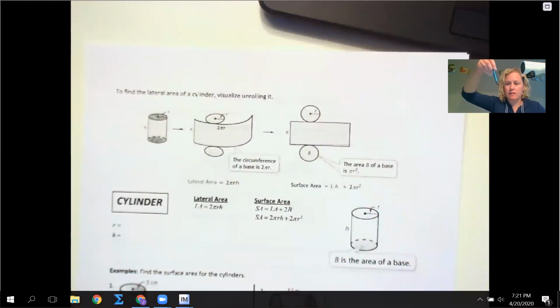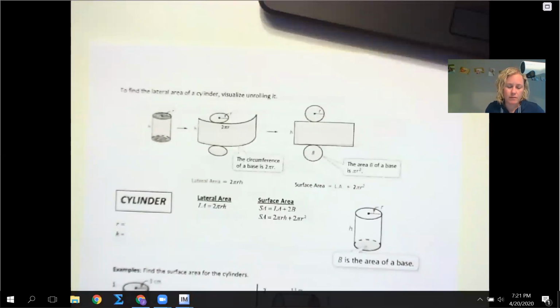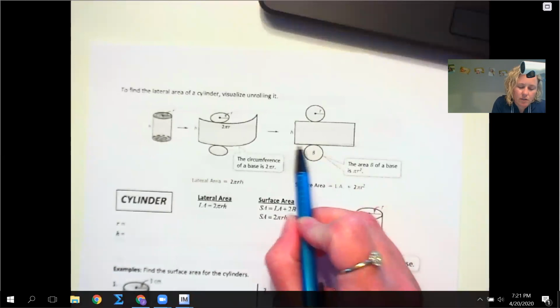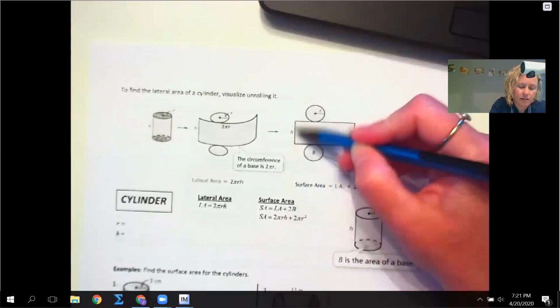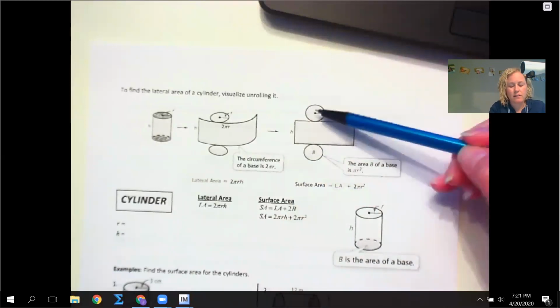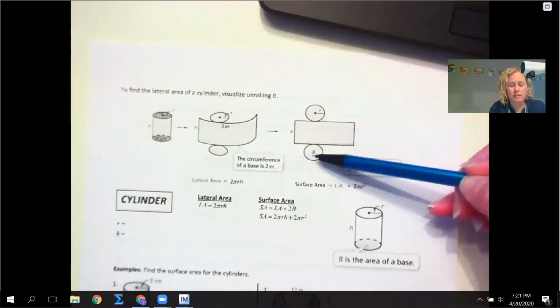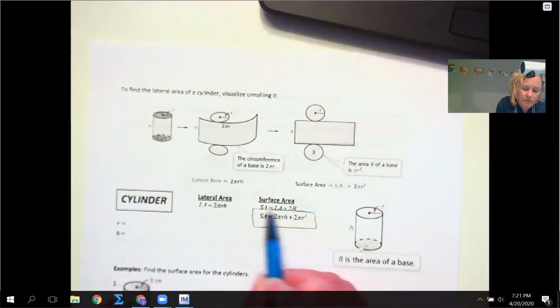That was the distance around the cylinder, okay? So this is your circumference, and this is your height, okay? And then you're gonna add on the area of the bases. So pi r squared plus another pi r squared. So here is your surface area formula.